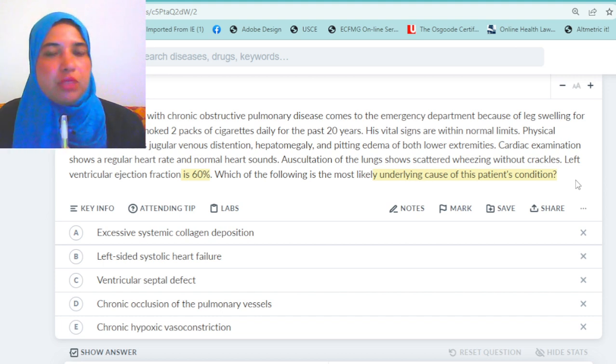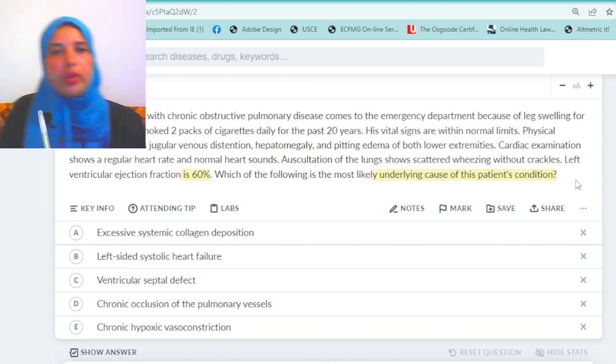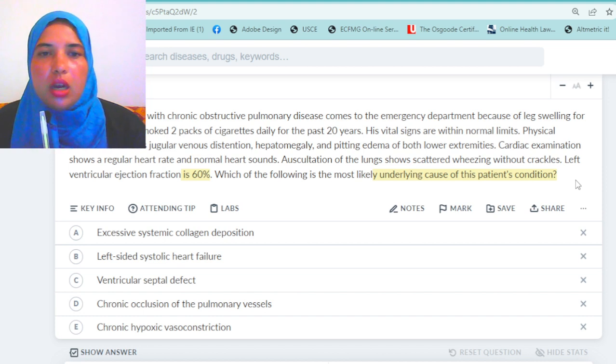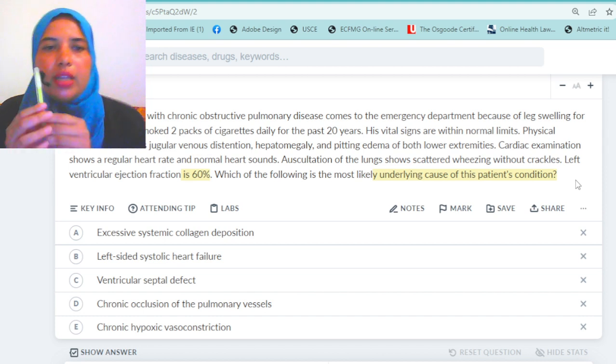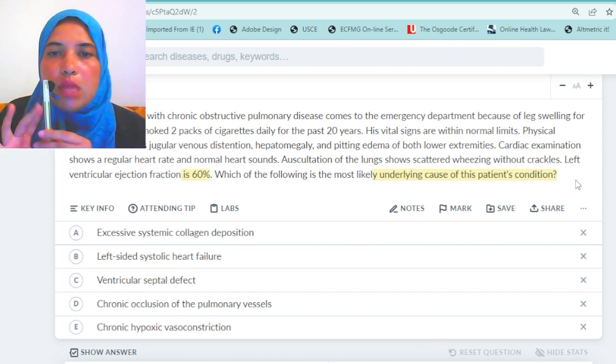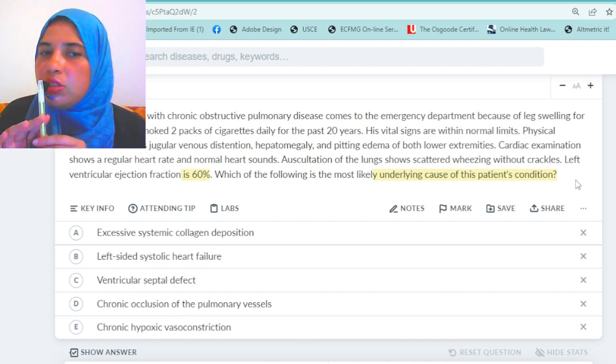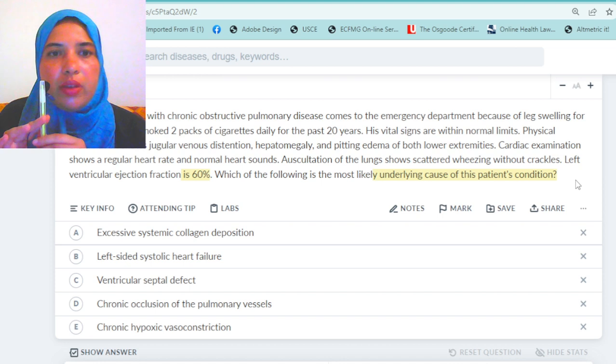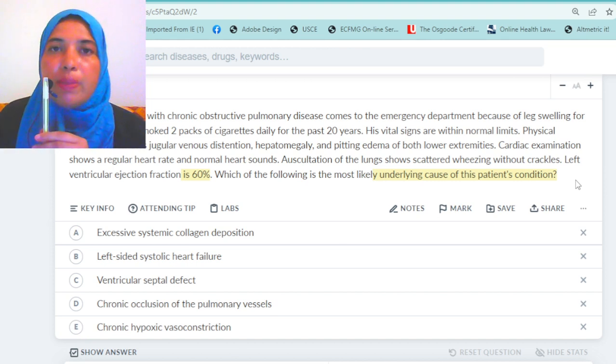Since we're talking about ejection fractions, not so low yet, it's like 60%. So let's take a look at what the answers are. Is it excessive systemic collagen deposition, left-sided systolic heart failure, a ventricular septal defect, chronic occlusion of the pulmonary vessels, chronic hypoxic vasoconstriction? Let's go back and see if there are any clues that can help us figure out what's going on here.